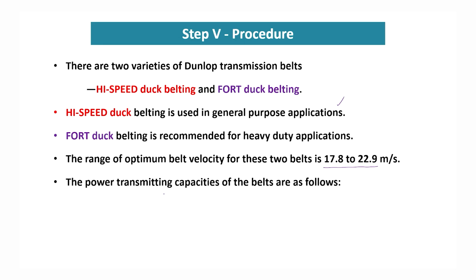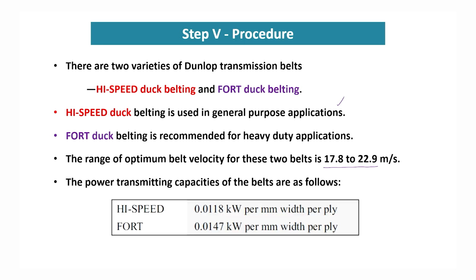The power transmitting capacities of the belts are as follows. For the high speed, it is 0.0118 kilowatt per mm width per ply. We will see what is the meaning of this ply. And for the Ford belt, it is 0.0147 kilowatt per mm width of the belt.